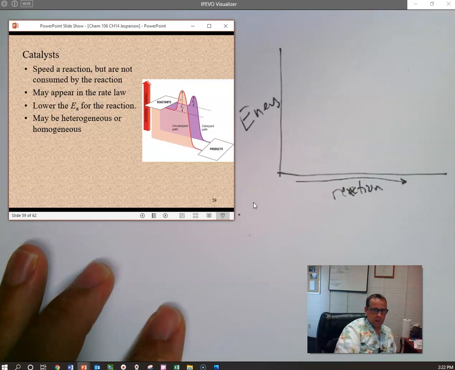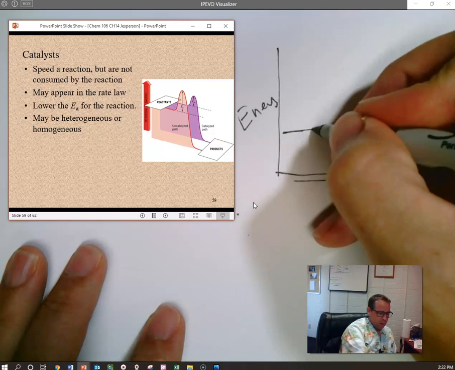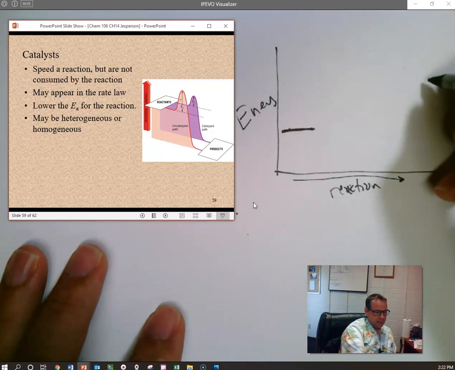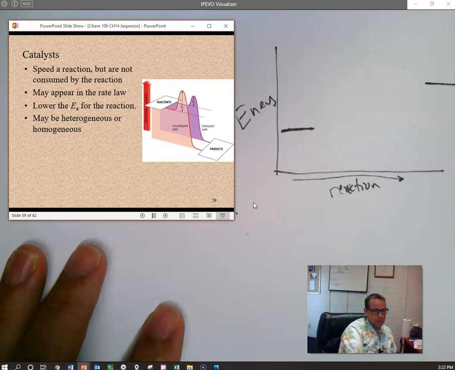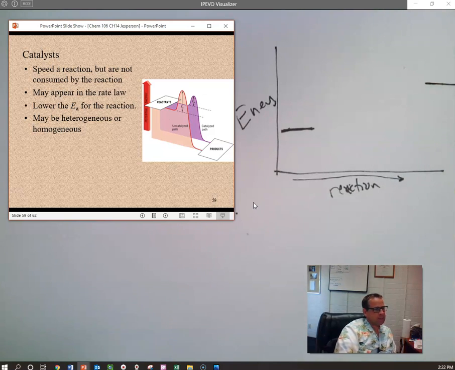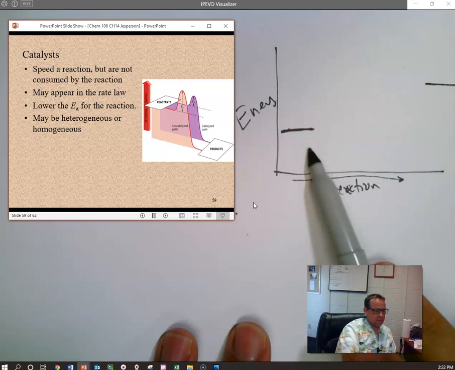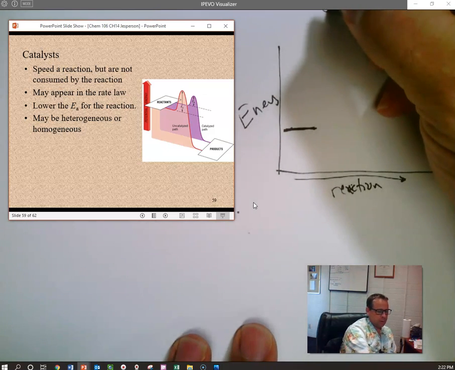Okay. We start off with our reactants, and our products, let's say, are going to be there. Let's see, Sarah, can you help me identify? Is this going to be an exothermic or an endothermic reaction?